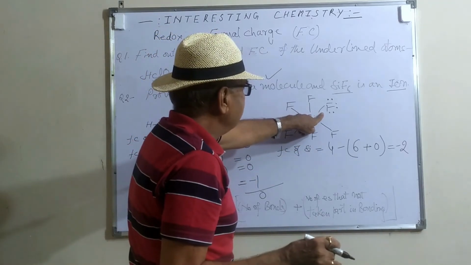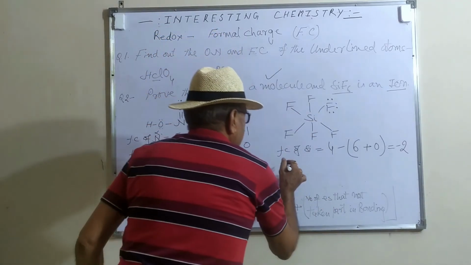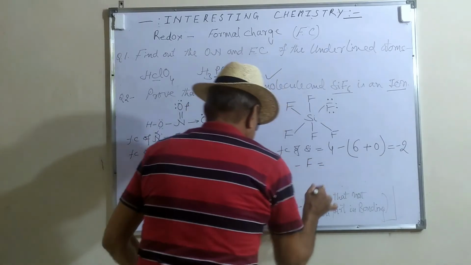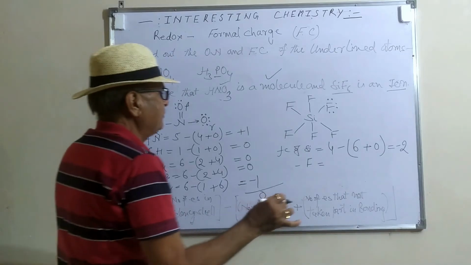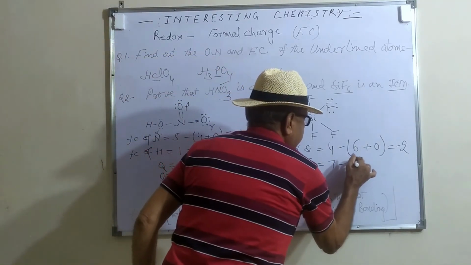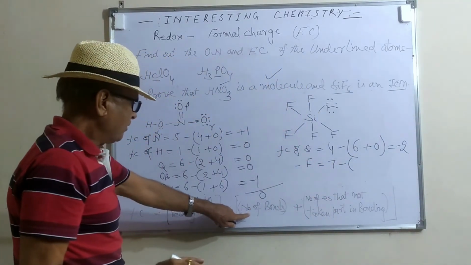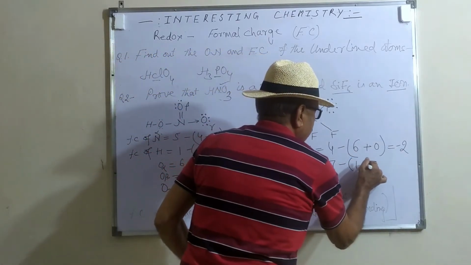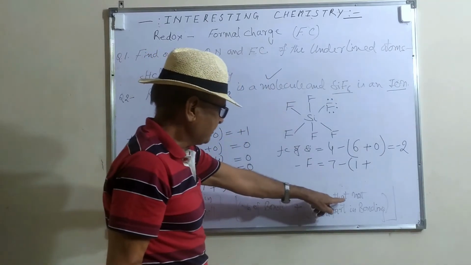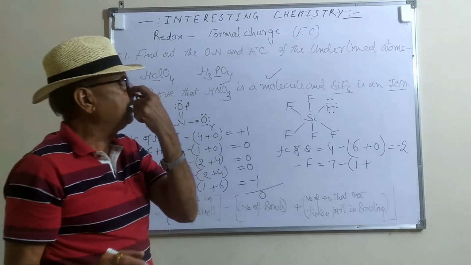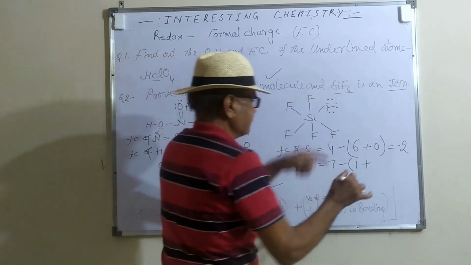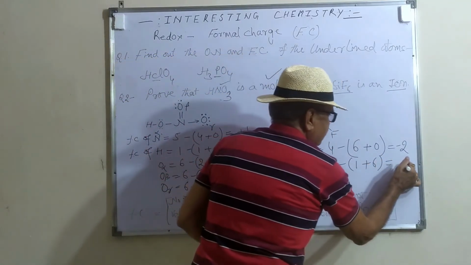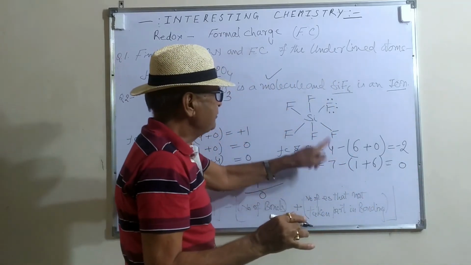Again, come to the fluorine, the formal charge of fluorine. The number of electrons in the valency shell of the fluorine is 7, minus the number of bonds 1, plus the number of electrons that have not taken part in the bonding, 6. 7 minus 1 plus 6, so it is 0.